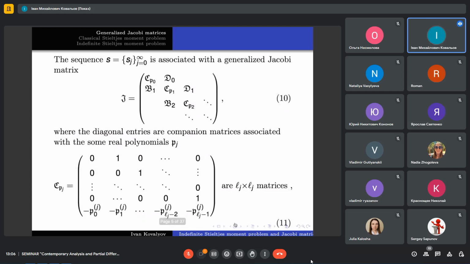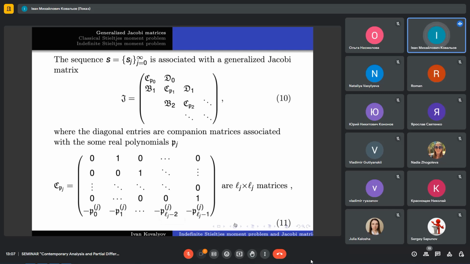Moreover, the sequence s is associated with the generalized Jacobi matrix J, which can be defined by formula 10.